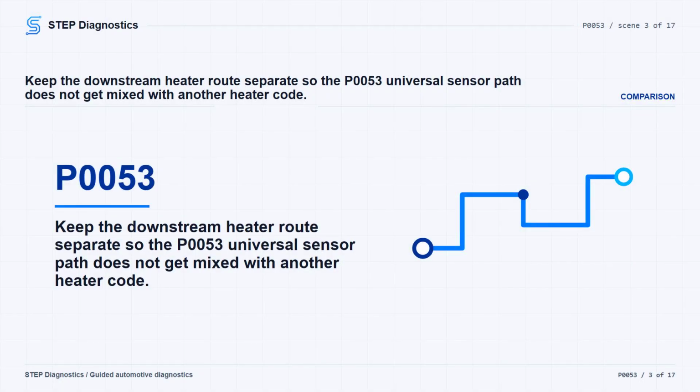Before moving into the P0053 universal sensor path, keep the downstream heated oxygen sensor heater path separate. If the scan result points you to that downstream HO2S heater circuit instead, start by checking the listed heater DTC routing. Then, with the ignition off, verify the HO2S connectors are on the correct engine bank.